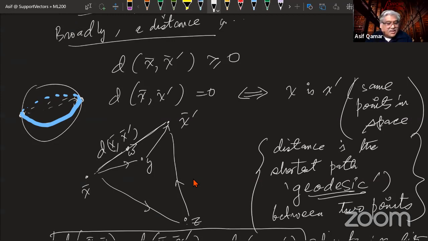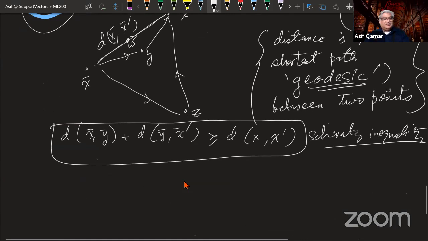You can just conjure up any kind of function that fulfills these three properties. If it fulfills these three properties for all points in the space, it is a distance measure. Are we together, guys? Yeah. That is a distance.